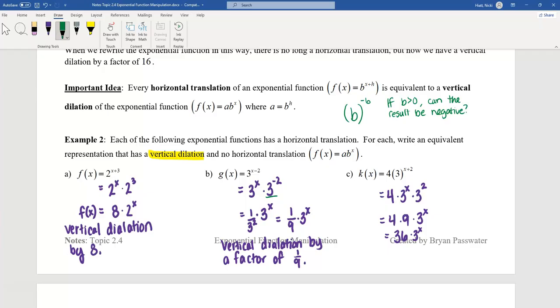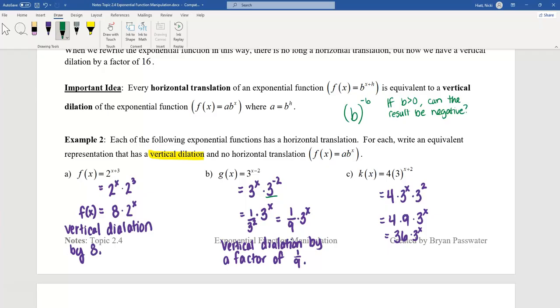Can you ever raise something to a negative power and it will give you a negative number if you didn't already start with a negative number? Never. Because all negative exponents do is send things to the basement, right? They do not change the sign of the number.